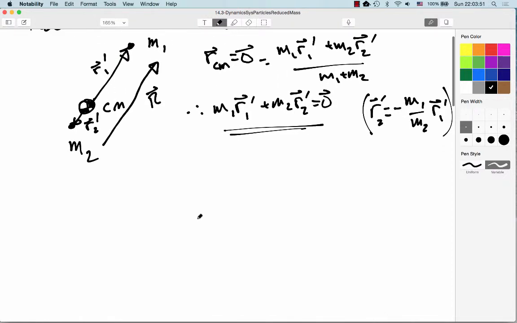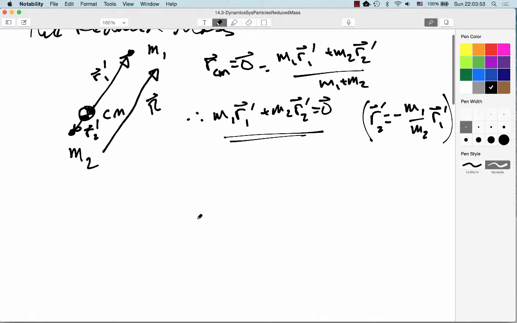Alright, so let's express our capital R just in terms of our r1 prime. So R is equal to r1 prime minus r2 prime. So that will be r1 prime.